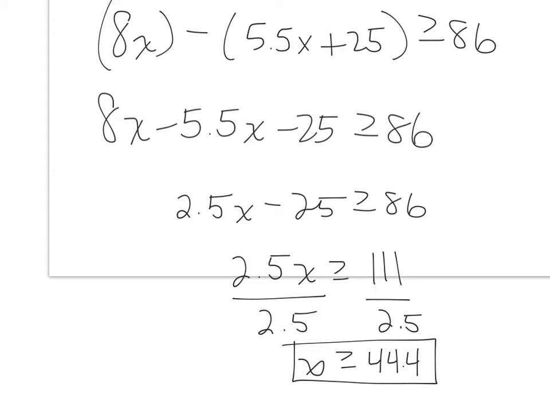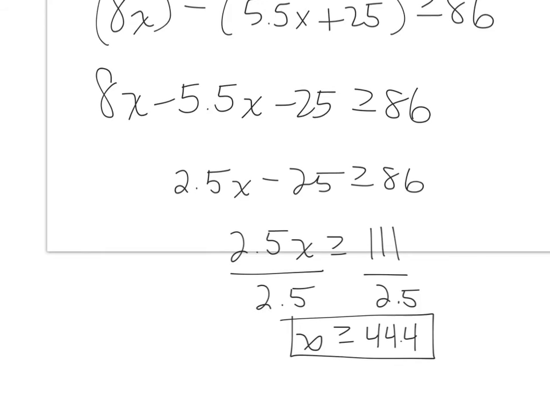Look at the solution set. The solution set says x is greater than or equal to 44.4. But you can't have 0.4 calculators. So at a minimum, you need to sell 45 calculators. Again, our answer is 45 calculators.